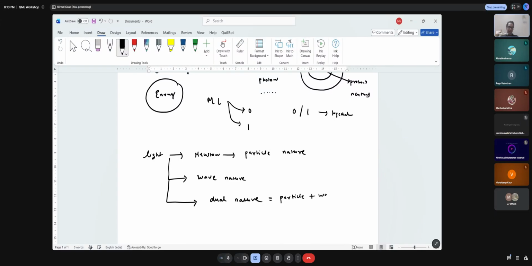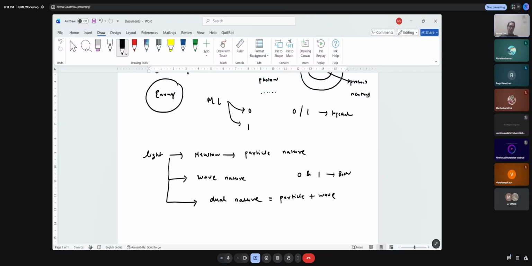Particle plus wave. That is the reason we are saying that these particles, which are present in some level, can show dual nature. And because of the dual nature only, I am saying that 0 and 1 both can be present.